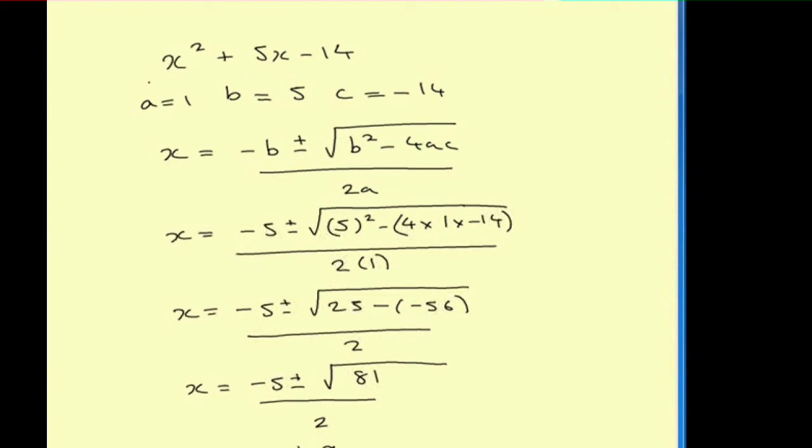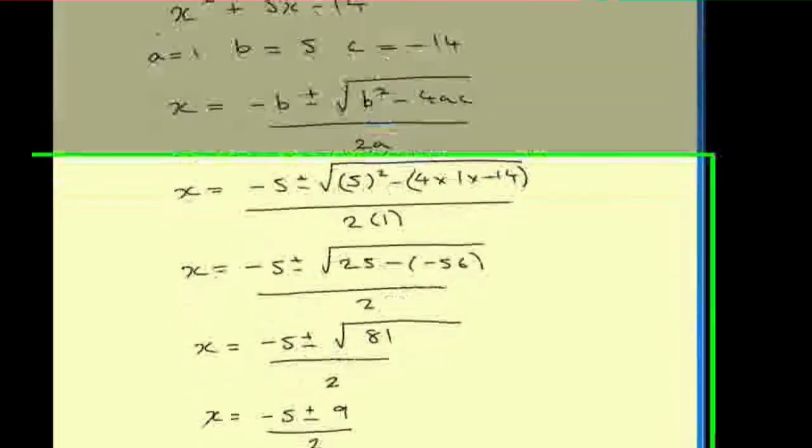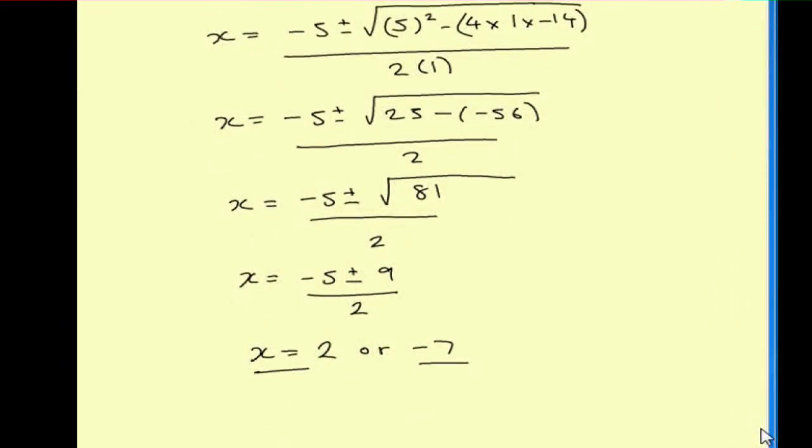So we start off by stating the quadratic formula, we substitute in, so replace b with 5, replace a with 1 and c with minus 14, and eventually we end up with x is equal to minus 5 plus or minus the square root of 81, the square root of 81 being 9, that's all over 2, so x is minus 5 plus or minus 9 divided by 2, so x will equal 2 or it will equal minus 7.